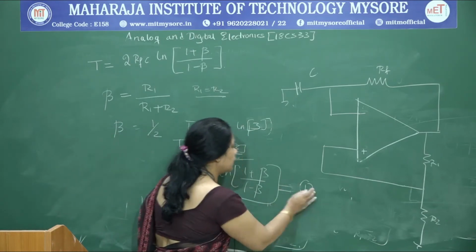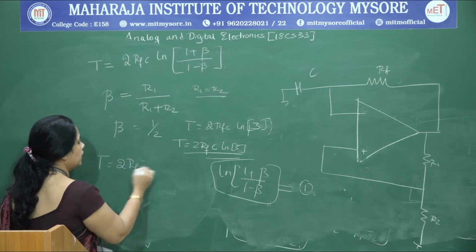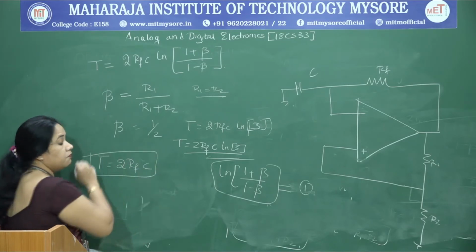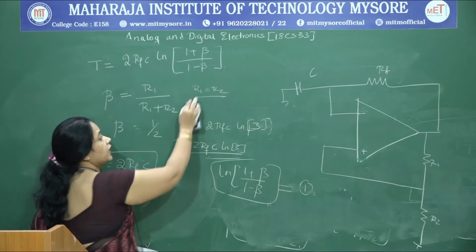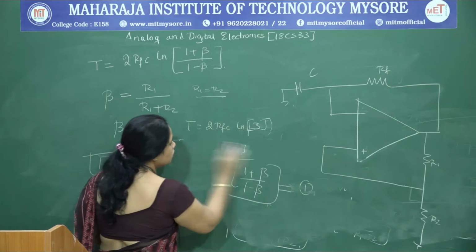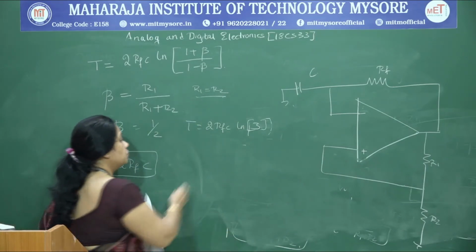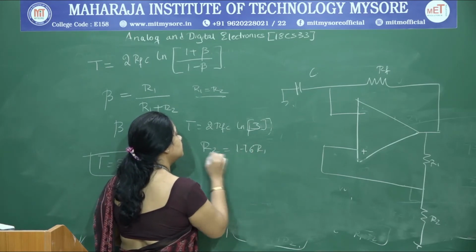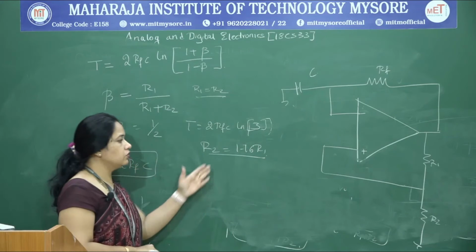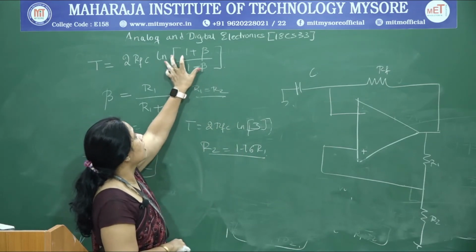If this is equal to 1, the expression just reduces to RfC, making the design simpler. So, instead of taking R1 equal to R2, we take R2 equal to 1.16 R1.